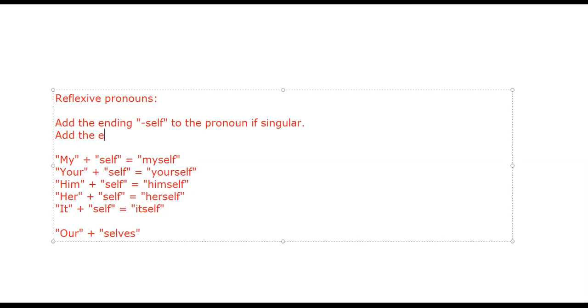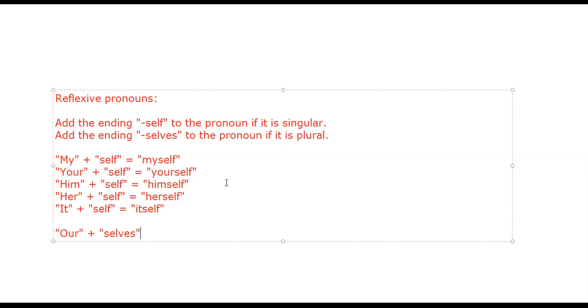But you add the ending selves to the pronoun if the pronoun is plural. Okay. I just wanted to add the it is part here to make things less confusing for learners.